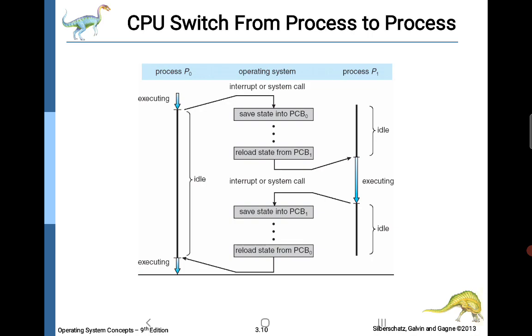Then process 1, and this time process 1 will be idle. Then the process control block of process 1 will be reloaded into the CPU, so it can resume running from the spot that it has stopped in the last time, and it will start executing.